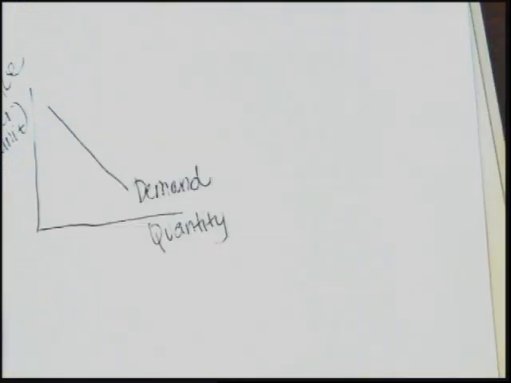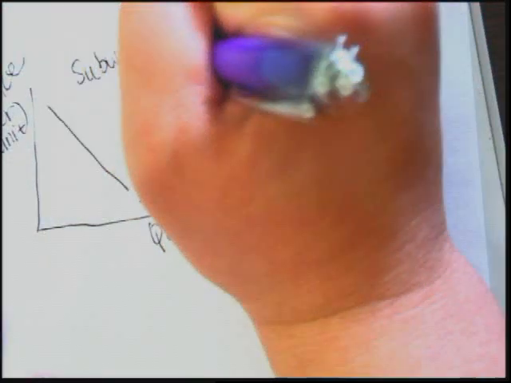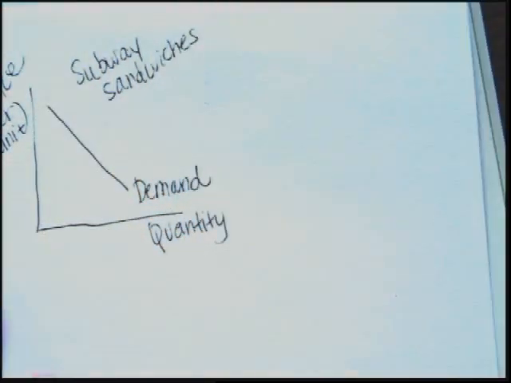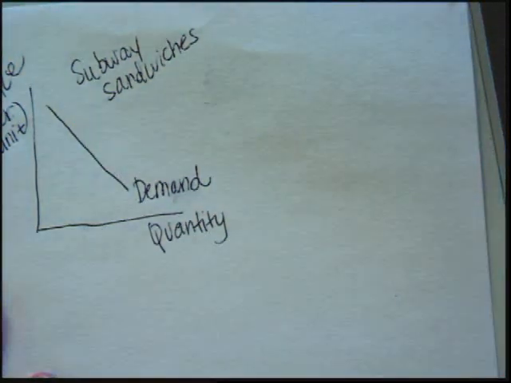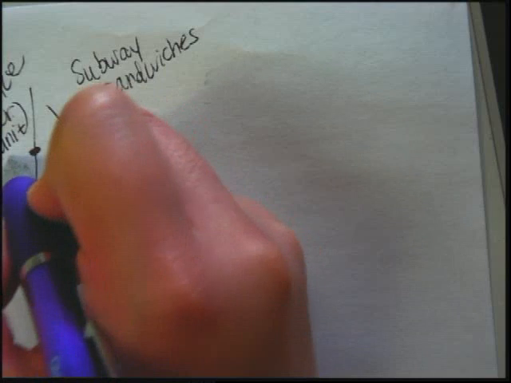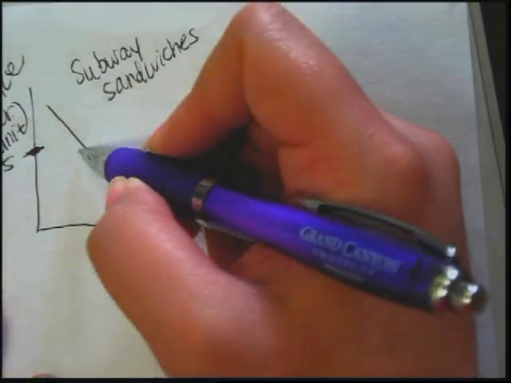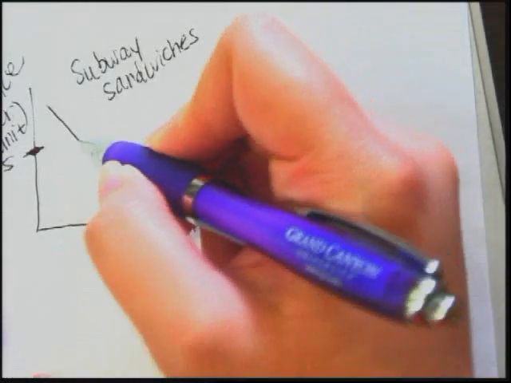This is actually price per unit, per sandwich, if we're talking about Subway sandwiches here. So when I was talking about $5, that was per sandwich, right? So let's say this was $5, and if I surveyed the whole class, let's say that each of you would buy one.